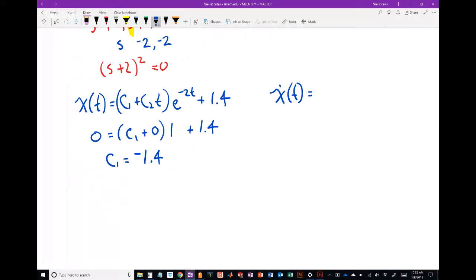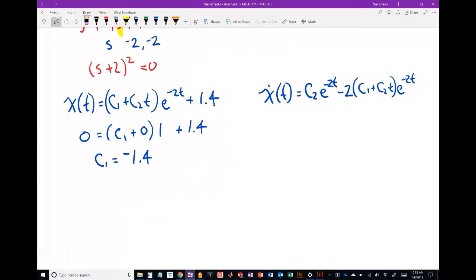And so that would be simply c2 times e to the -2t minus 2 (c1 plus c2 t) e to the -2t, right? I hope you understand how to do the chain rule. I'm not going to go into detail there. That's calculus that you should know. x prime of 0 is 0.